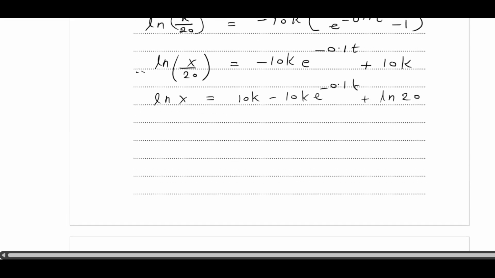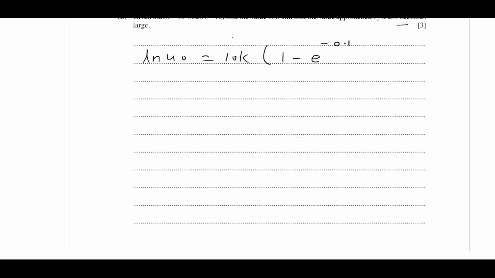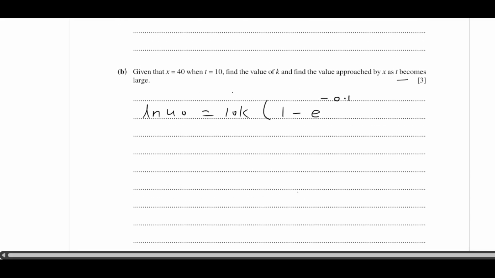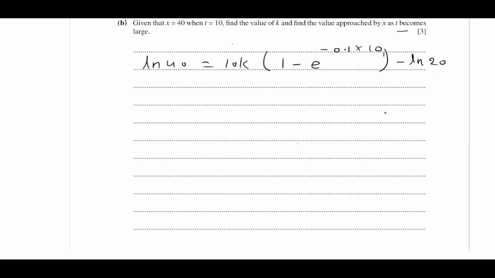It is 10k into 1 minus e power minus 0.1 times the value of t, which is given as 10, minus ln 20.